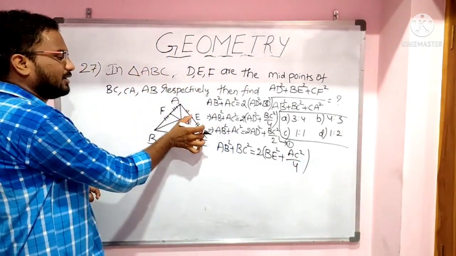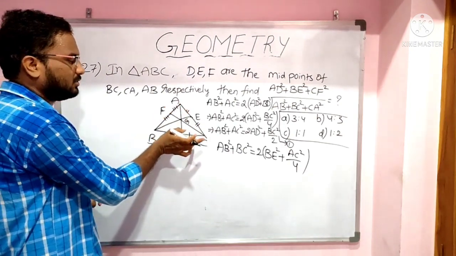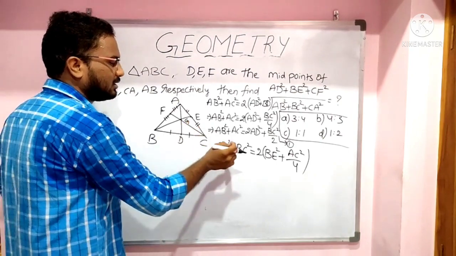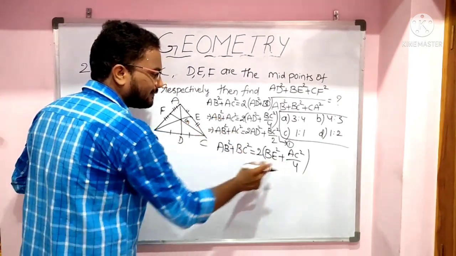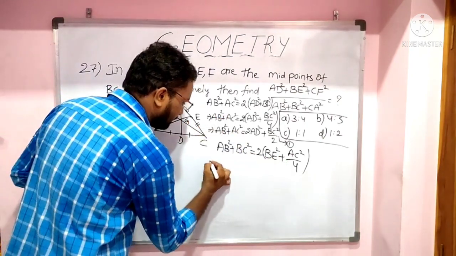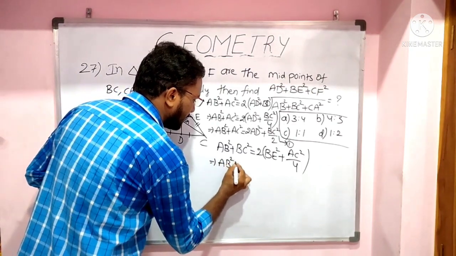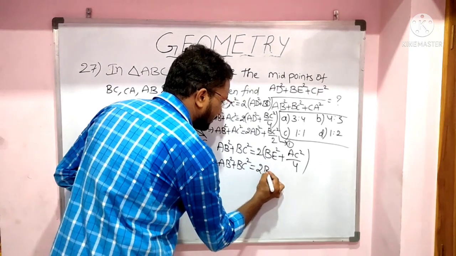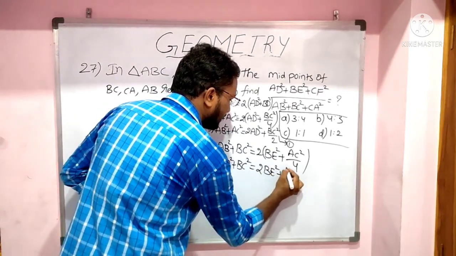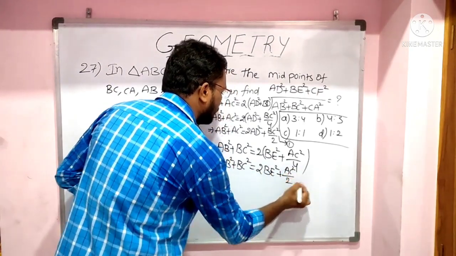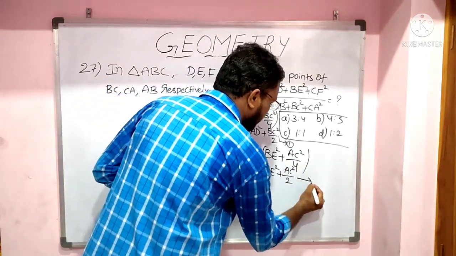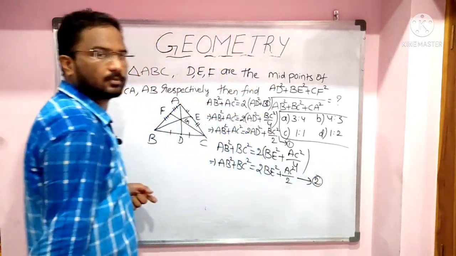So we can write CE as AC by 2. From this, AB square plus BC square equals 2 into BE square plus AC square by 2. Let us say this is equation 2.